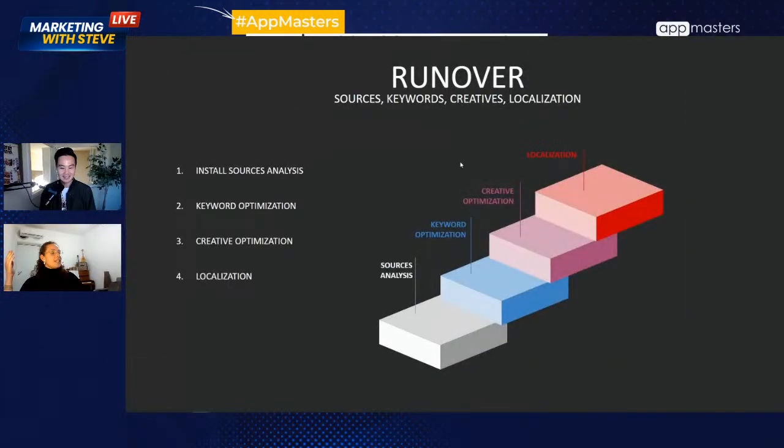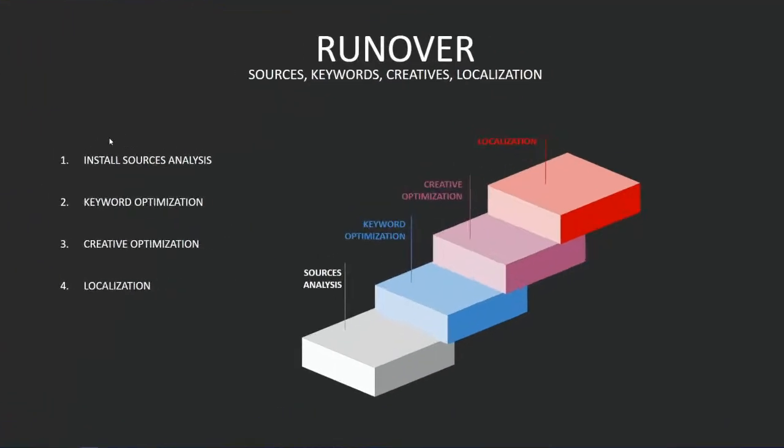The framework, when I break it down, is not very different from other ASO frameworks. We all know keyword optimization, creative optimization, and localization. Something very important that is very often forgotten is that there are install sources that affect organic traffic that we forget to analyze. So the first step in any ASO strategy is to look at what is there already.